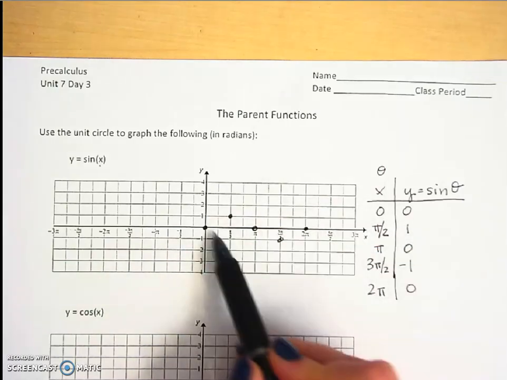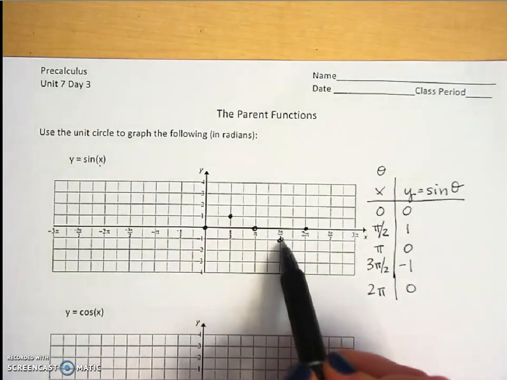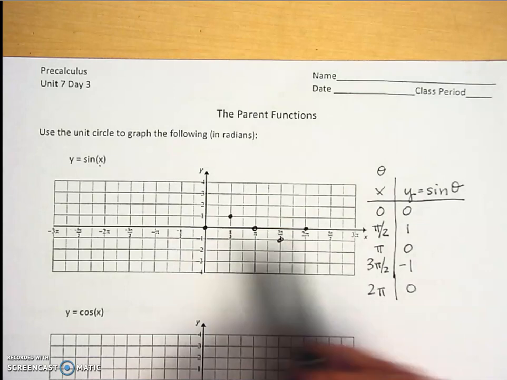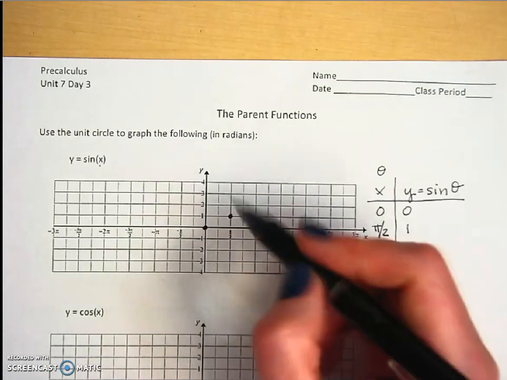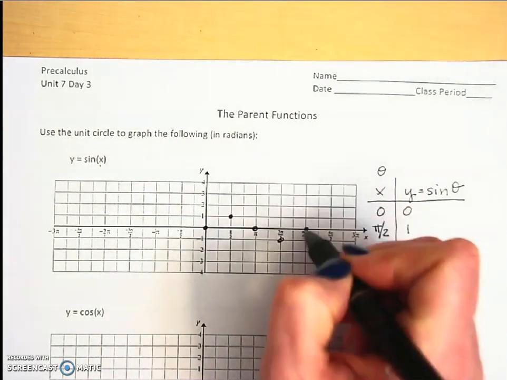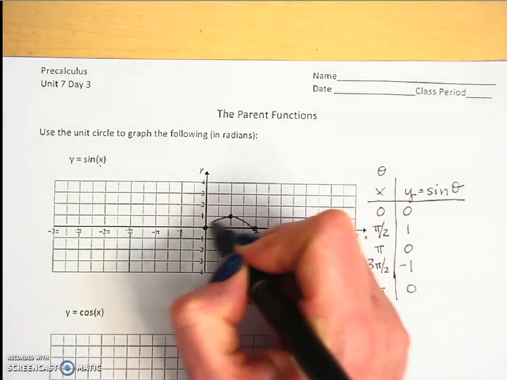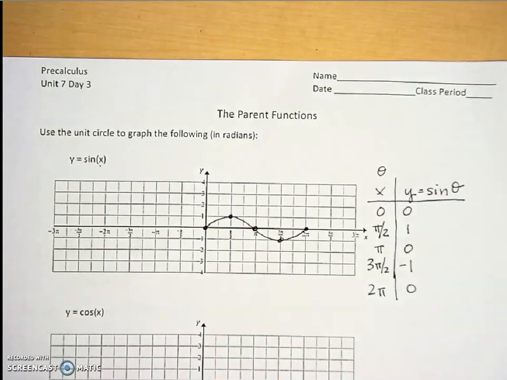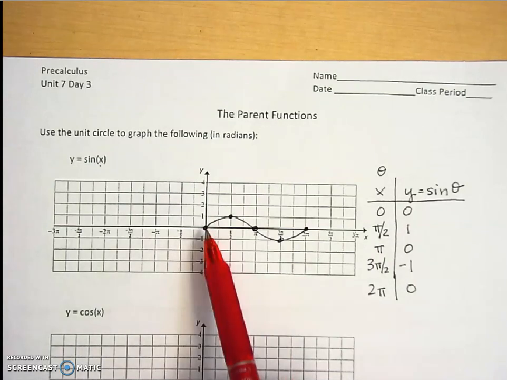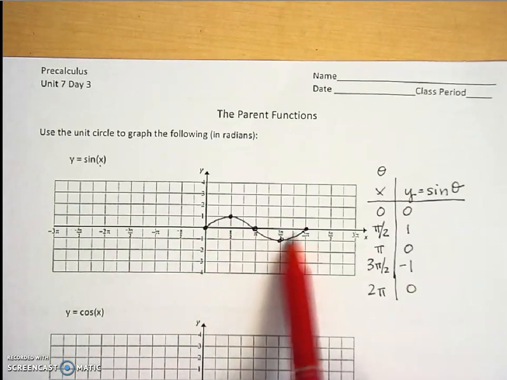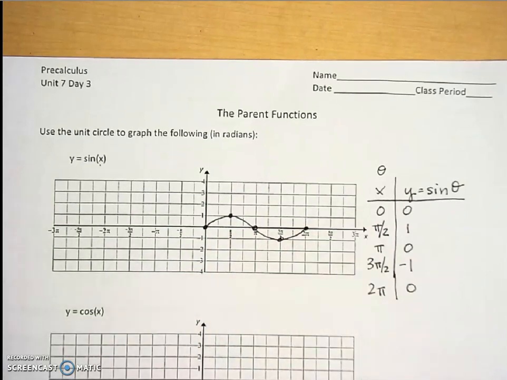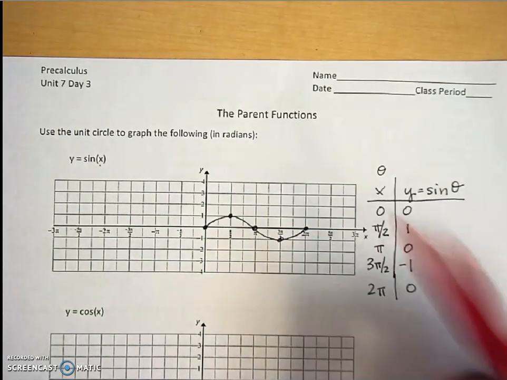And when we connect them, we're not going to do straight lines and make like a sawtooth or jagged edges. It's going to be a smooth, continuous curve. And now this is a periodic, repetitive sinusoidal function, meaning that this section right here is going to continue repeating over and over.